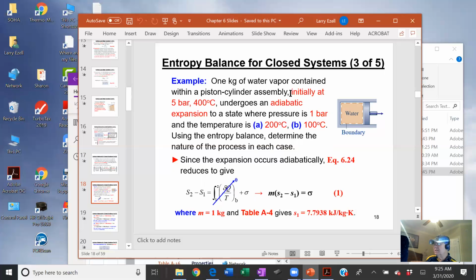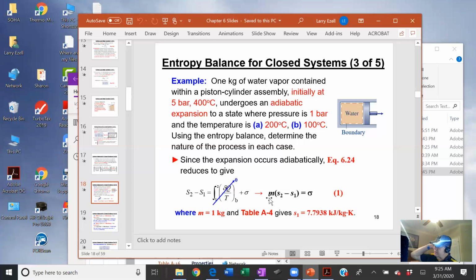We said that this is an adiabatic process, didn't we? So the integral of δQ over T goes to 0. So we're just left with S2 minus S1 equal to sigma.